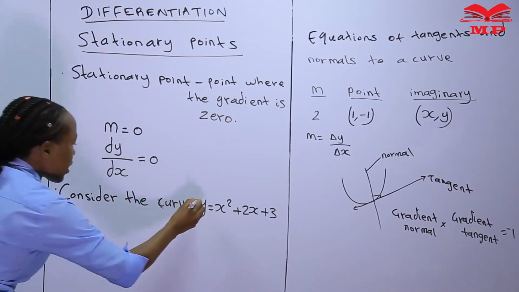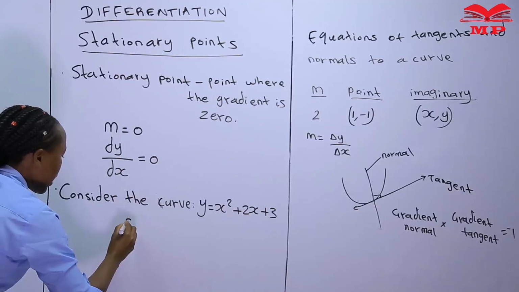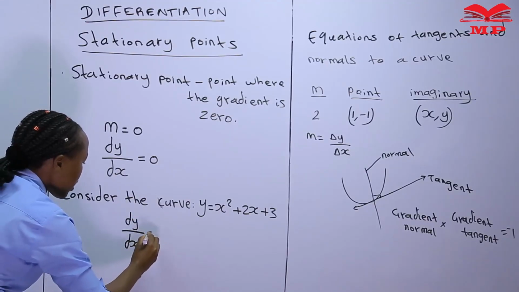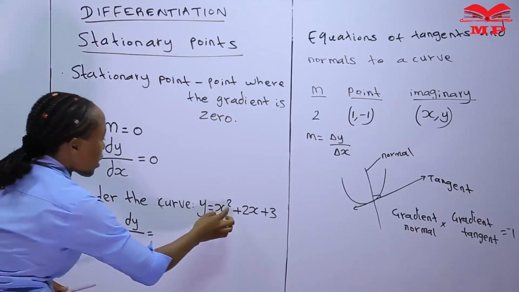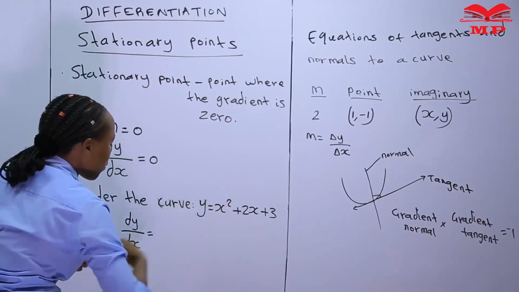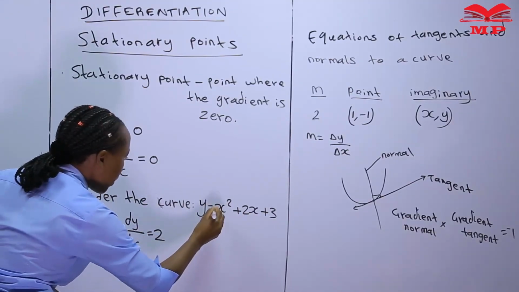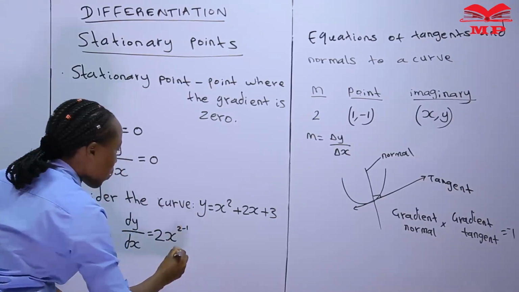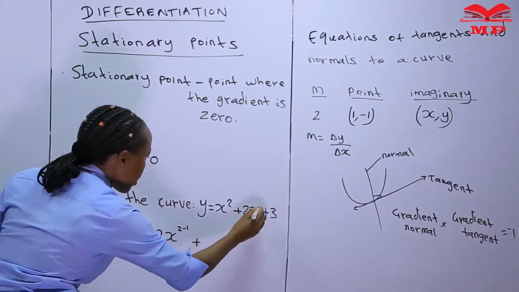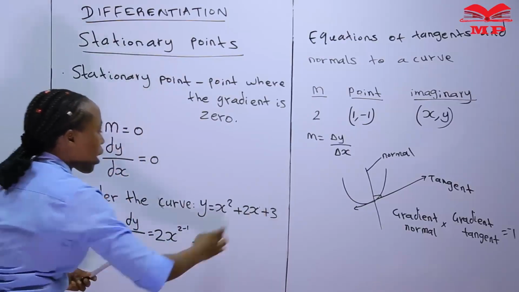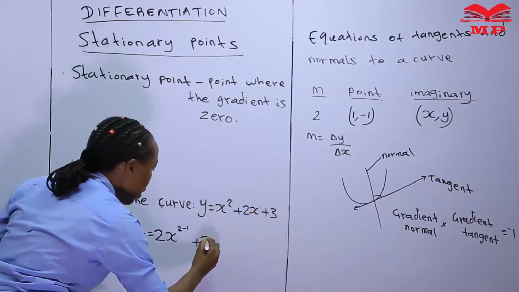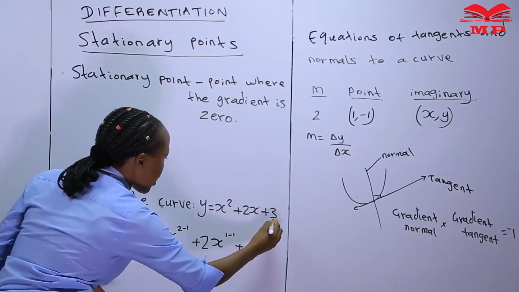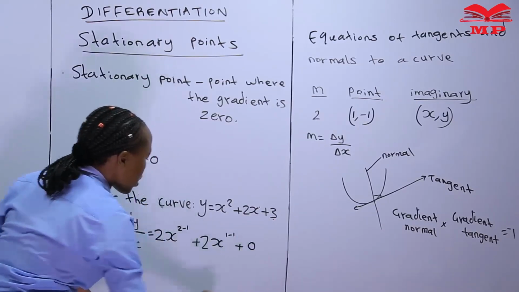So in this case, if we were to get the gradient function dy over dx, when we differentiate, we have 2 multiplied by the coefficient, which is 1, so we have 2x raised to power 2 minus 1, then plus the power 1 times the coefficient, we have 2x raised to power 1 minus 1, then plus the derivative of a constant, which is 0.